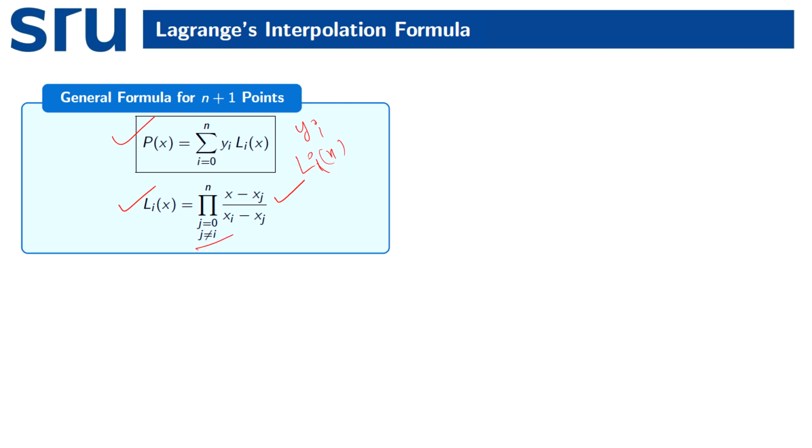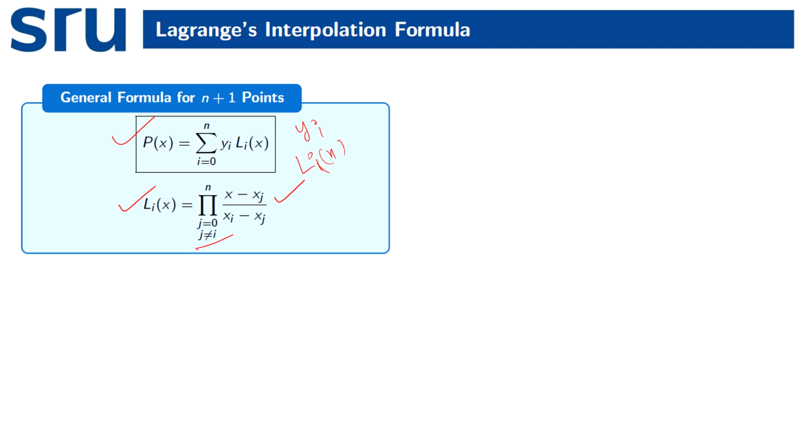So we exclude the term where i equals j. We take a product over all j, but we exclude the case when j equals i. So each L_i(x) is a product of several linear terms.